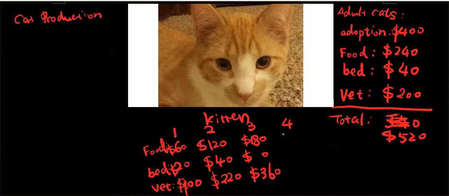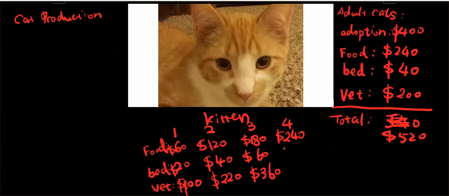If we have four kittens, we will increase the food by four times, so that will be $240.